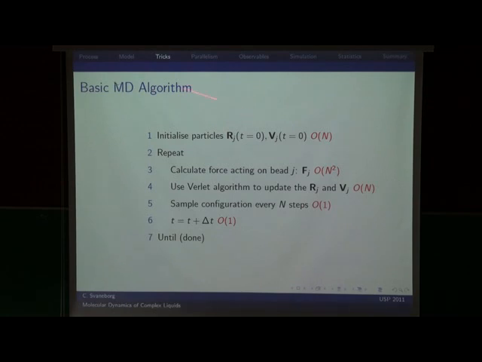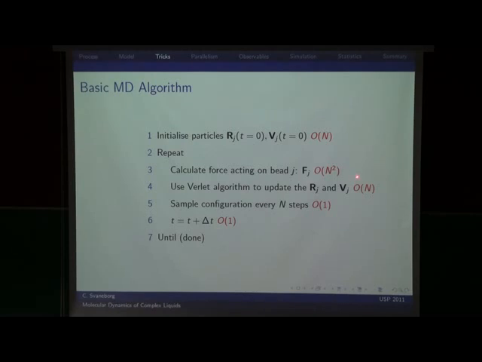So, just to return to the basic molecular dynamics routine. We initialize the particle positions and velocities. This takes an amount of time which scales linearly with the number of particles. Then we repeat this loop, where we calculate the force, and in the worst case, the force scales as N squared, because the force is particle pair interactions.